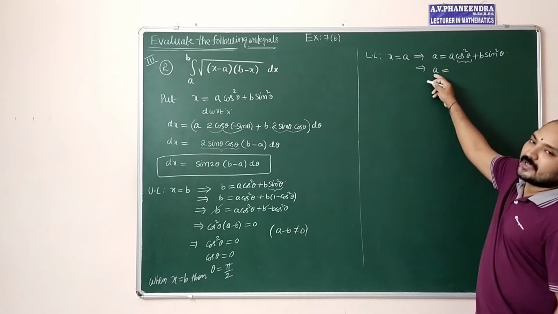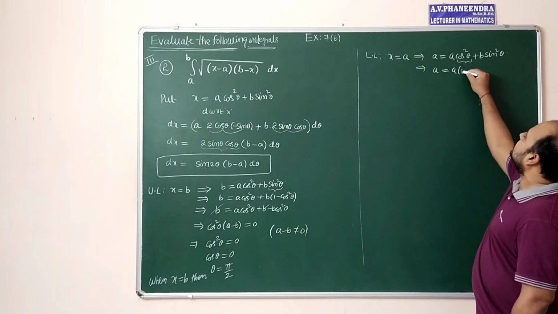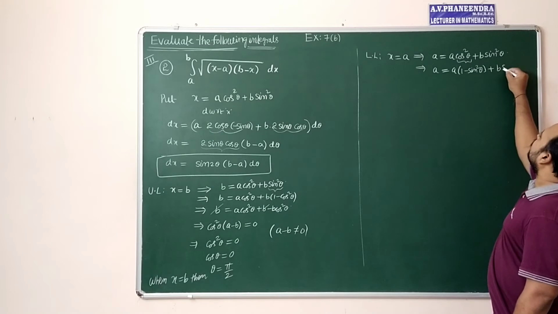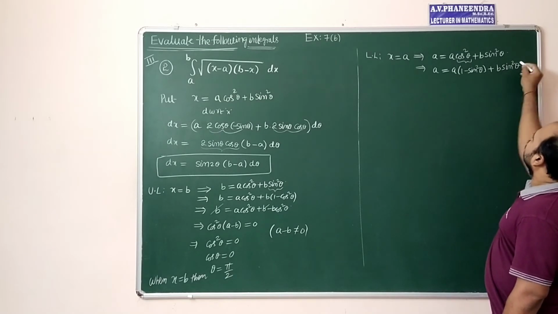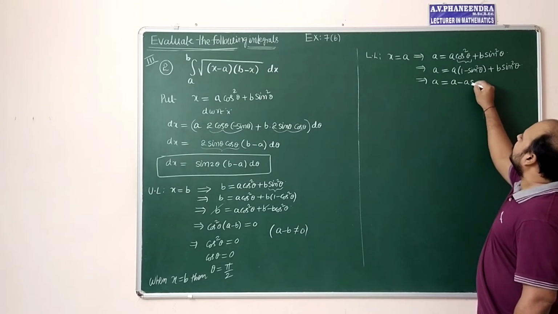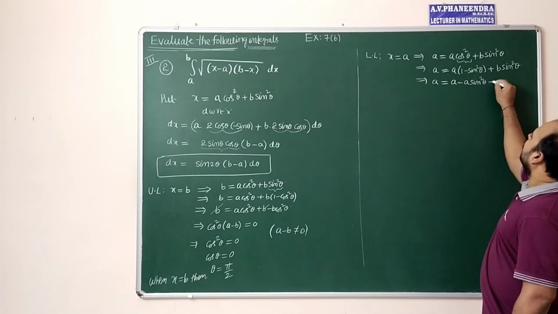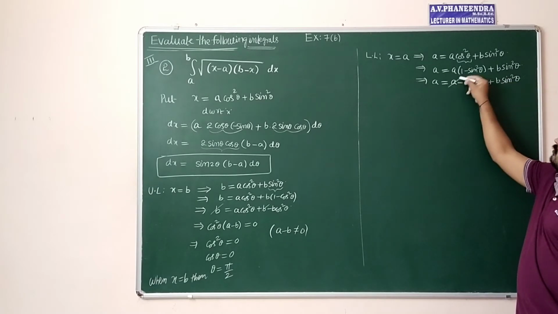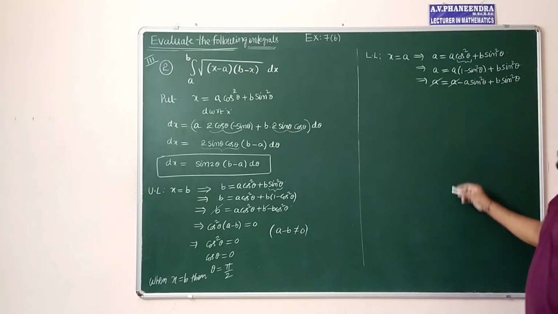Because a is there, to cancel the a value. A into (1 minus sin square theta) plus b into sin square theta. So a equal to a minus a sin square theta plus b sin square theta. Both sides a get cancelled.